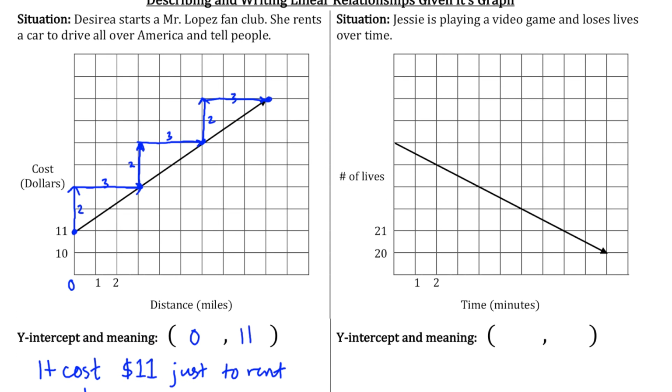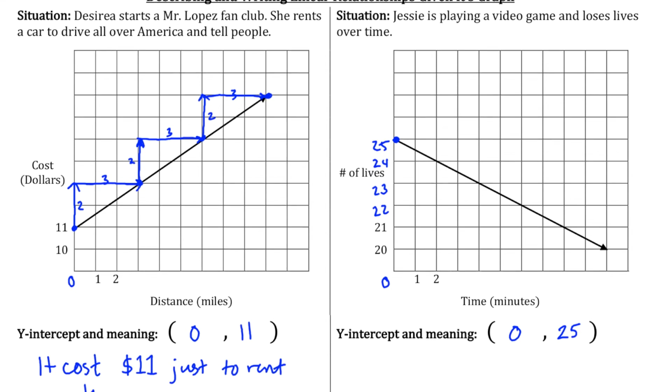Okay. Next problem. Jesse's playing a video game and loses lives over time. So the y-intercept, remember, is when the independent value is 0, so the time is 0. So 20, 21, 22, 23, 24, 25. That is my y-intercept, (0, 25).